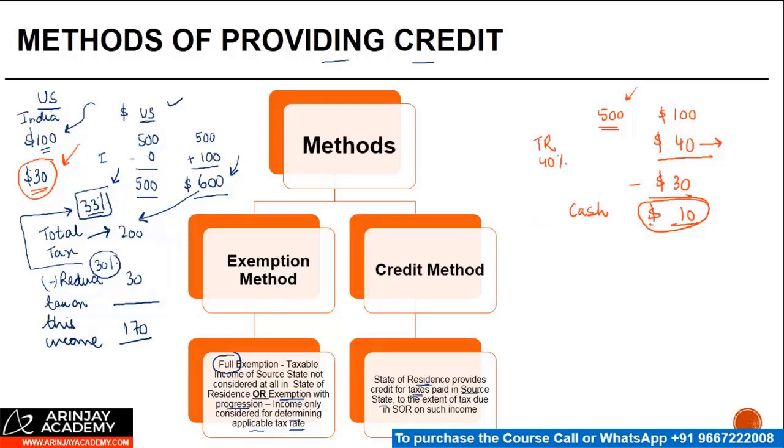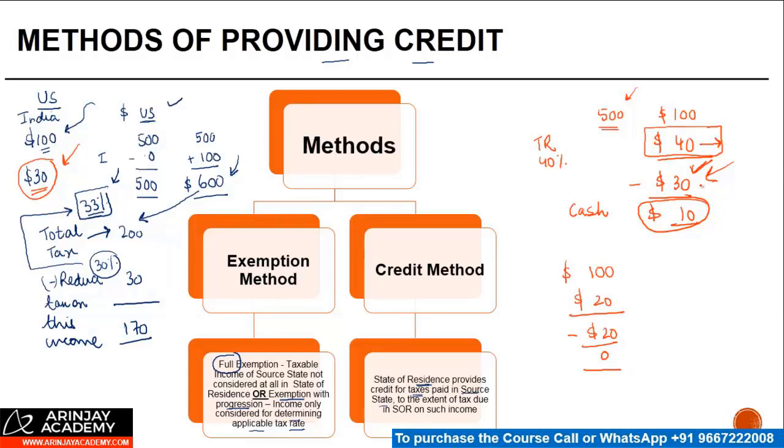This credit is generally restricted to the amount of tax which is payable in the state of residence. What this means is, if on this $100, the tax rate which was to be applied was 20% and therefore the tax liability was only $20, even though tax has been paid in India to the extent of 30, the credit will be available only for $20 and the tax on this income will be 0.